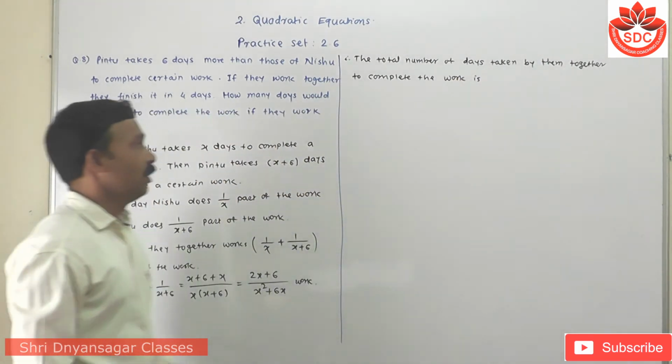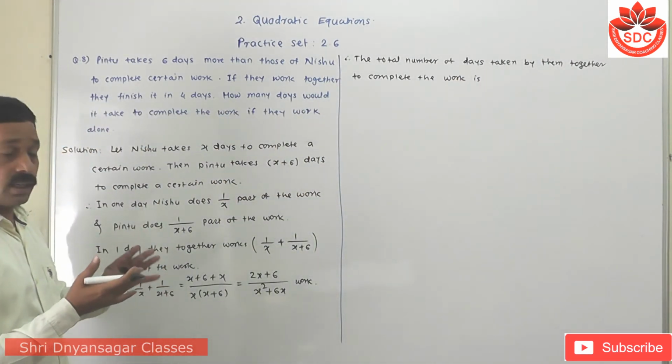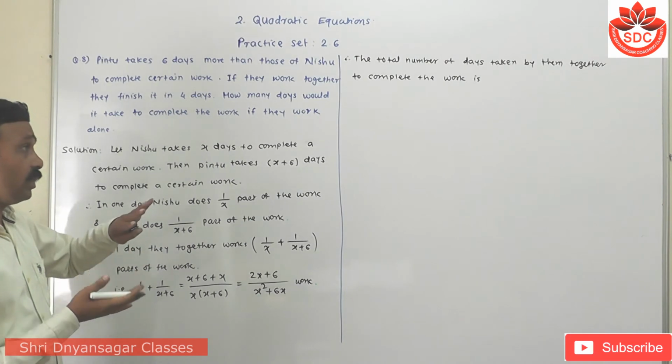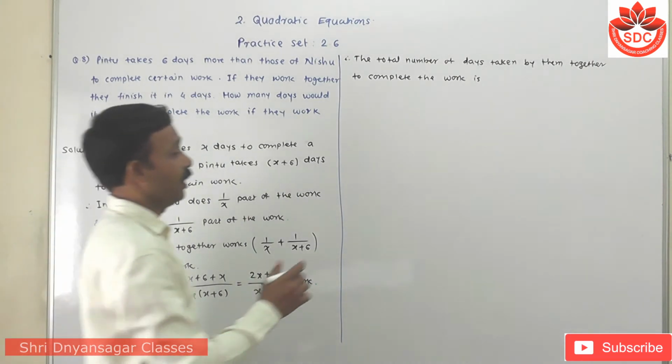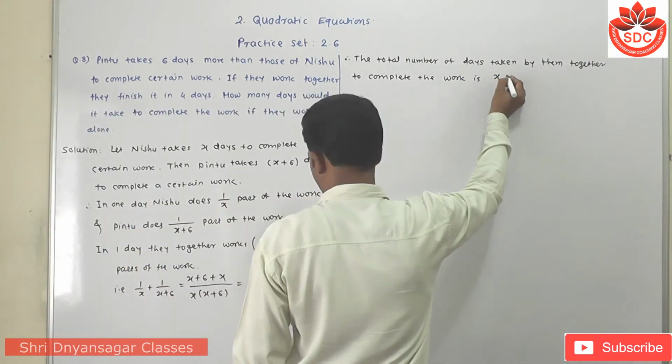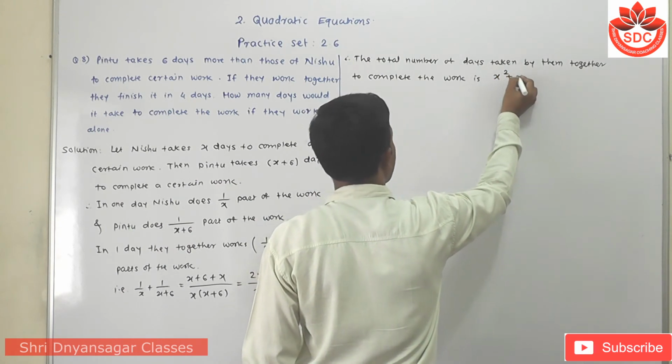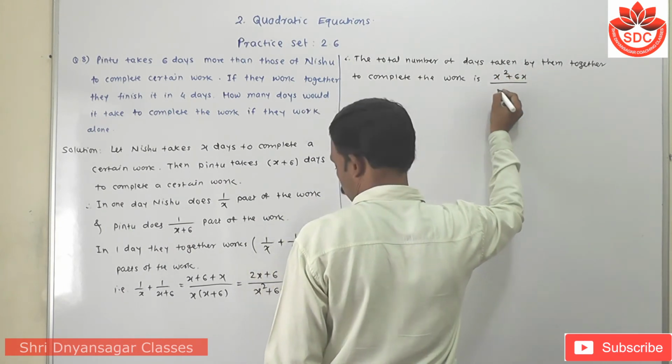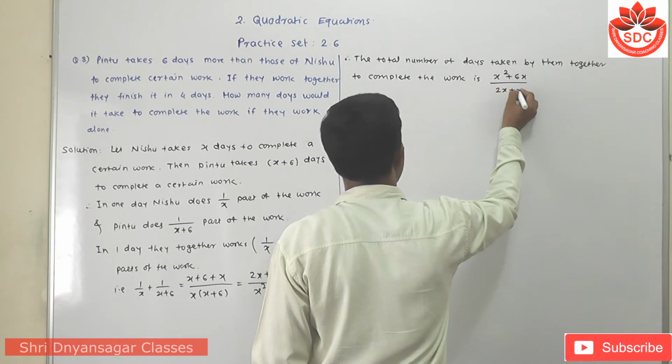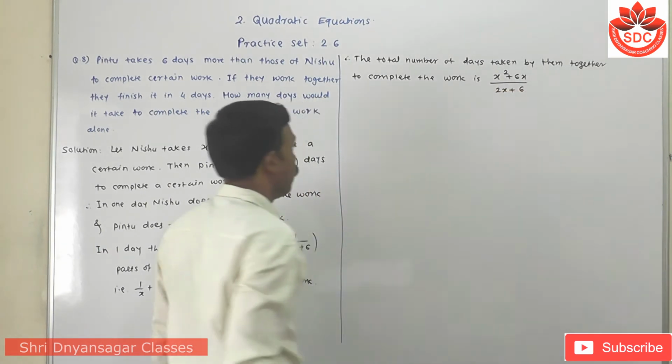Now दोघांना मिळून ते काम घेणार आहे म्हणजे त्याचा रेसिप्रोकल विचारात घेऊया. Means is x square plus 6x upon twice x plus 6. Okay.